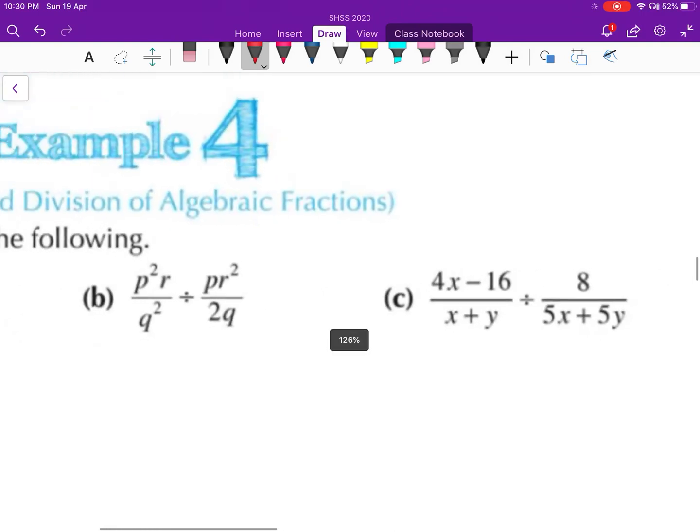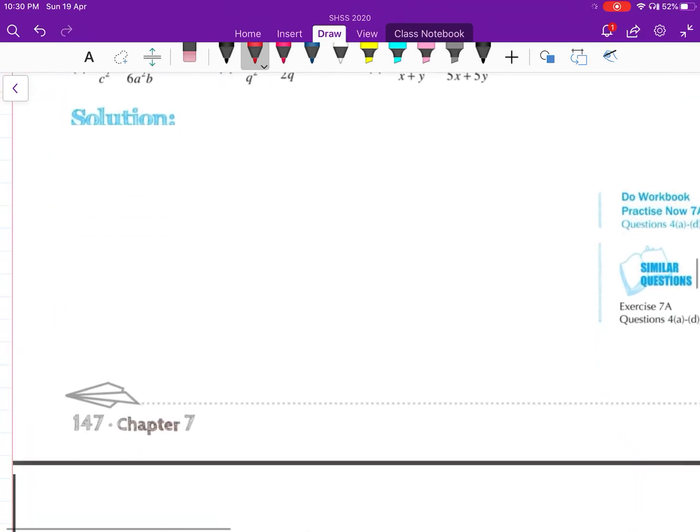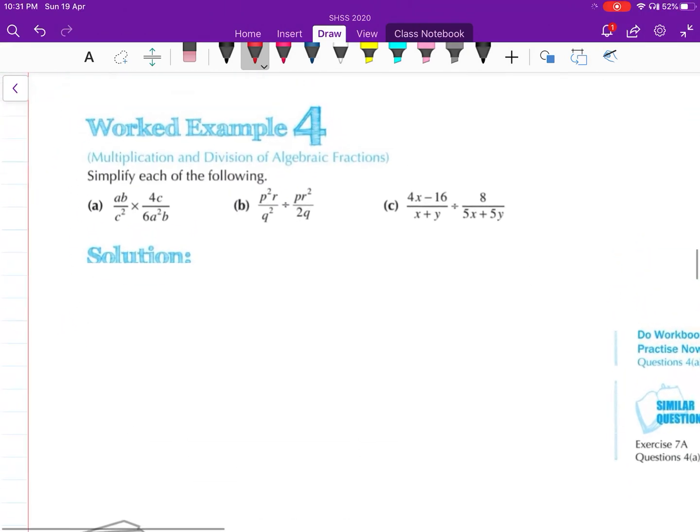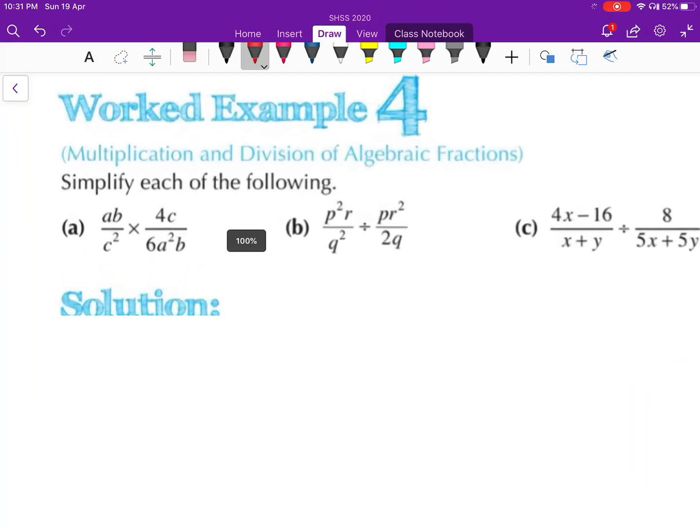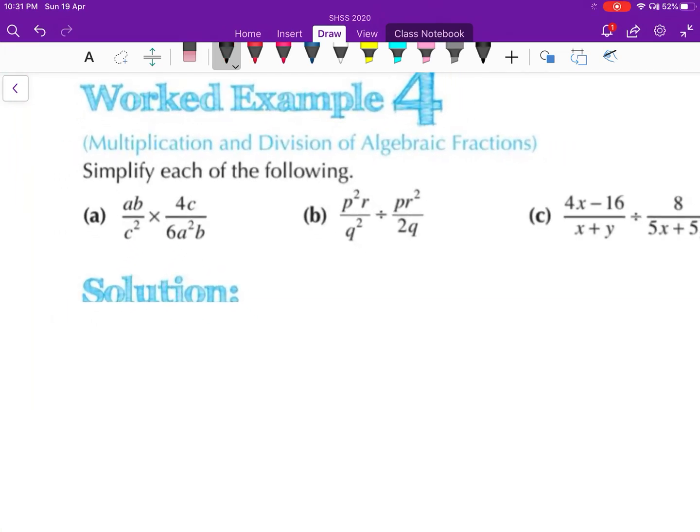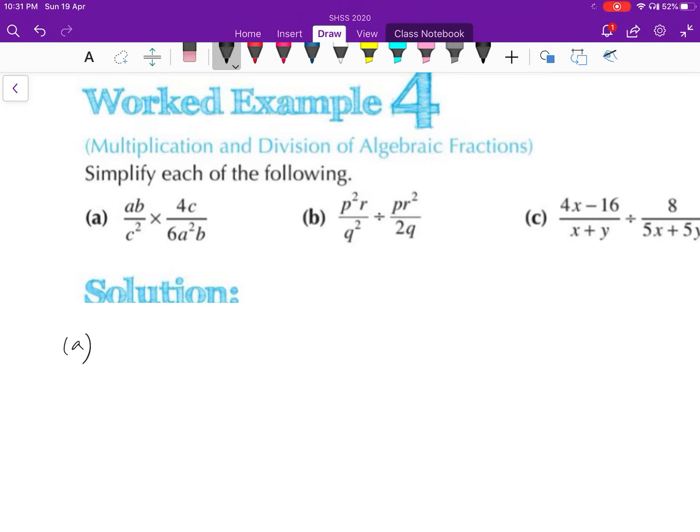This is from your textbook, page 147, worked example number 4. Let's do part A now. Part A says 4AB over 6C squared multiplied by 4C over 6A squared B. Now, fraction multiplied by fraction, what we need to do is to take the top multiplied by the top and the bottom multiplied by the bottom.